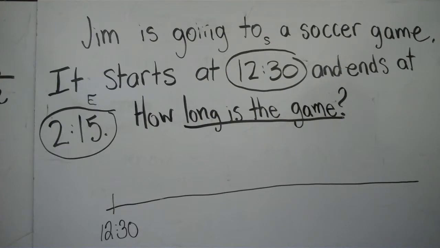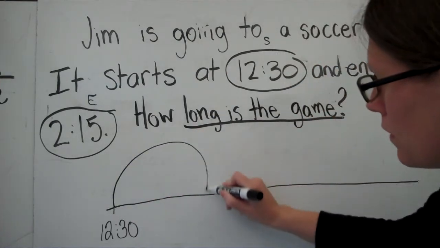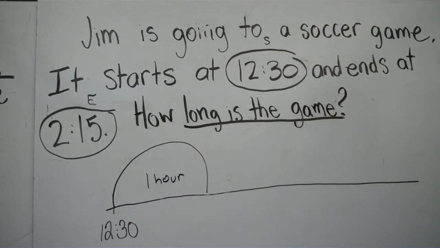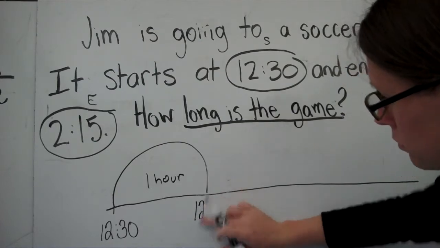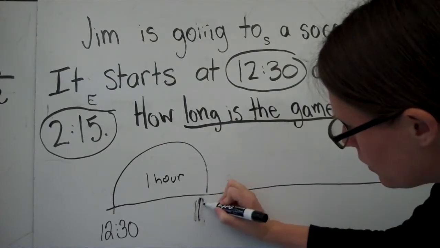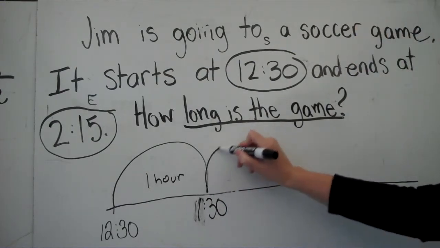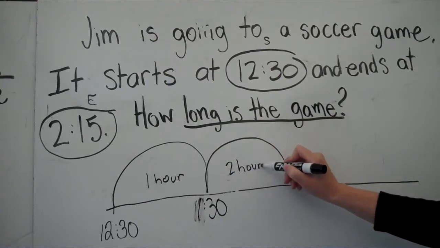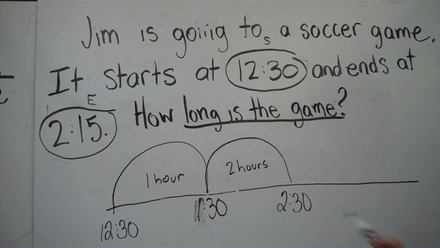And first kind of hop I'm going to make is an hour. There's my hour hump. And in 1 hour, it's going to be 1:30. The clock went around 1 time. Now if I hop 2 hours, I get to 2:30.